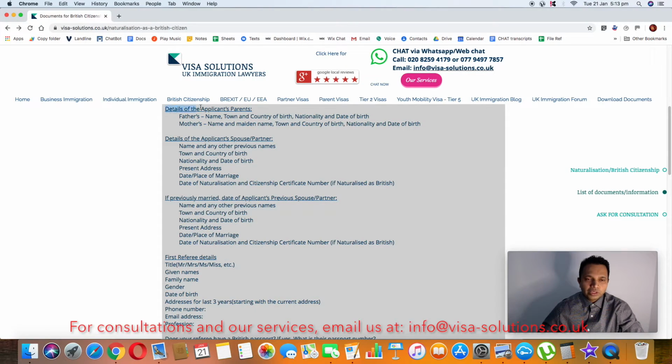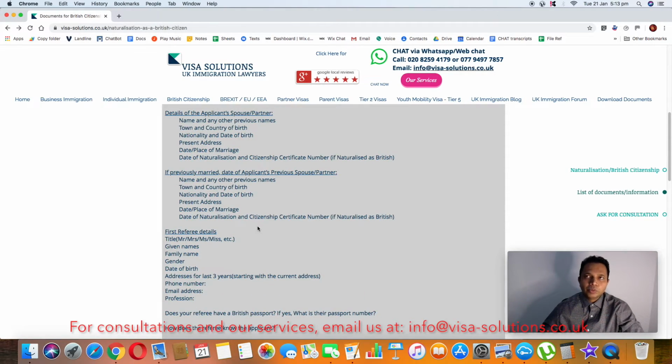The information about everyone, parents, partner, previous partners, is, to the best of our understanding, not to verify but to create a kind of web. This is more for identity fraud purposes. For example, if you get the British passport, you leave the UK, and then someone else tries to apply for a British passport by whatever means.